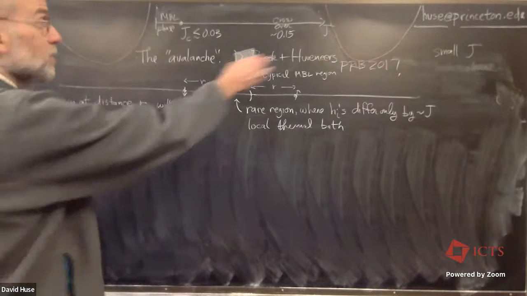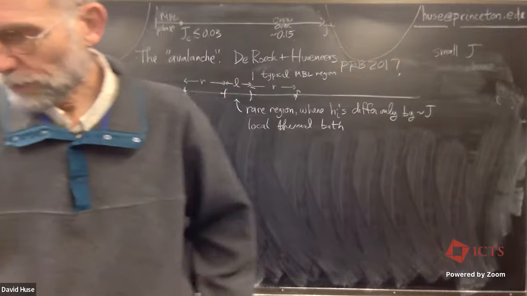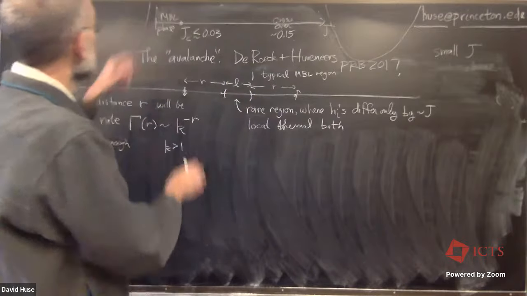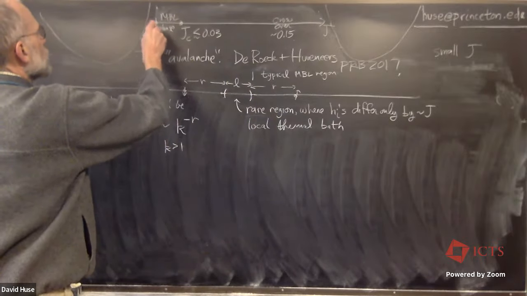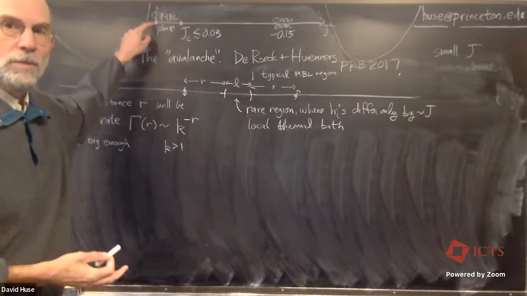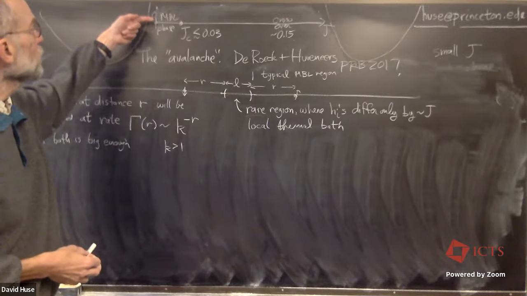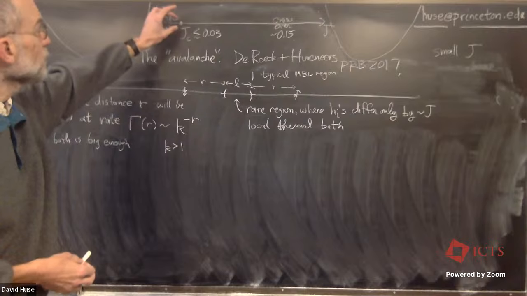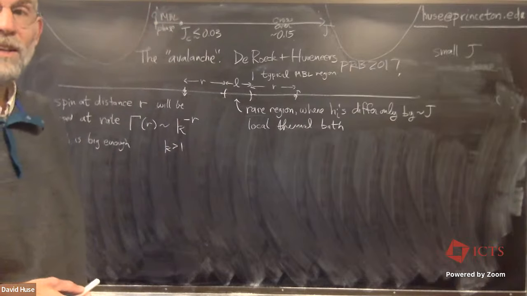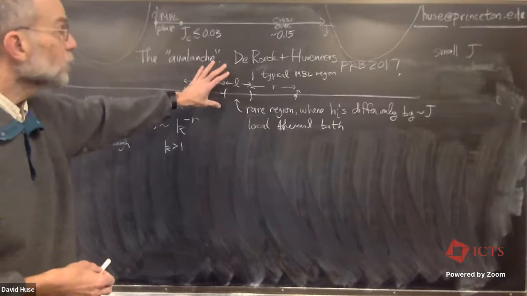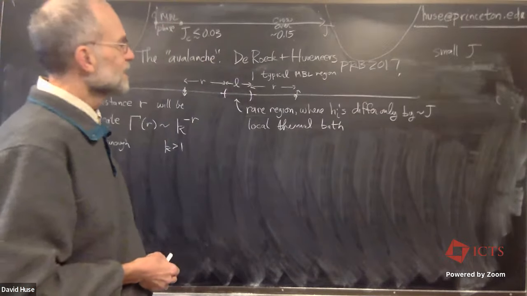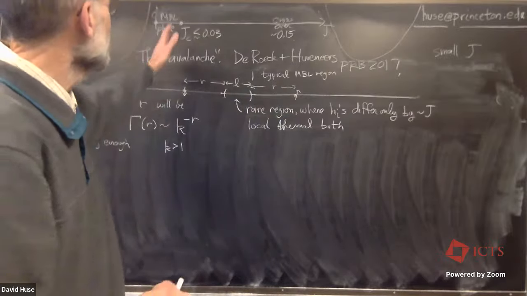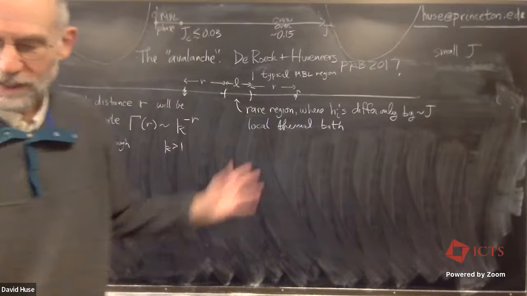But in an infinite system, it's there. We know MBL is stable at J equals 0, that's a trivial statement. And as we turn up J and ask, what's the first instability of the MBL phase, which might set this phase transition, this is the first one that has a concrete, comprehensible discussion of what it is and how you might estimate where it happens. So that's why we focus on it.